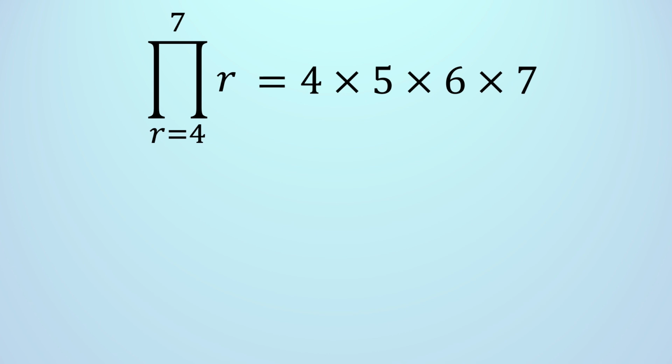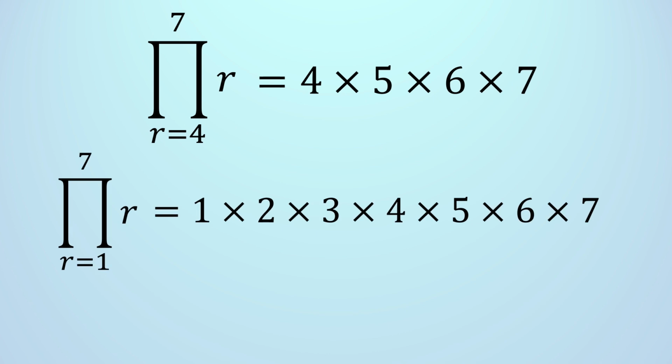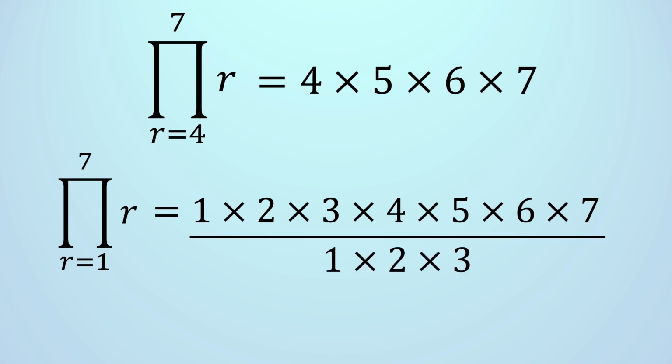For instance, if I do calculate 7 factorial, that is finding 1 multiplied by all the integers all the way up until 7, and that does include all the numbers we wanted to multiply together in this product. However, it is also including some extra terms we don't want, the 1, the 2, and the 3. So to deal with the fact that we don't want them, we could divide by them again, because then that would be meaning we're finding only 4 times 5 times 6 times 7.